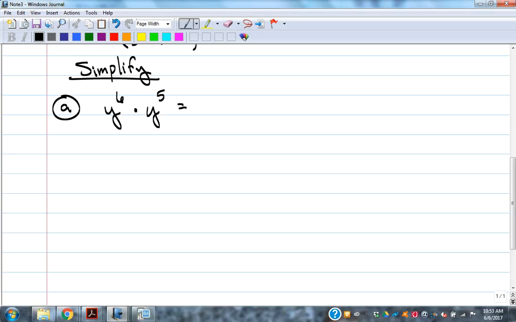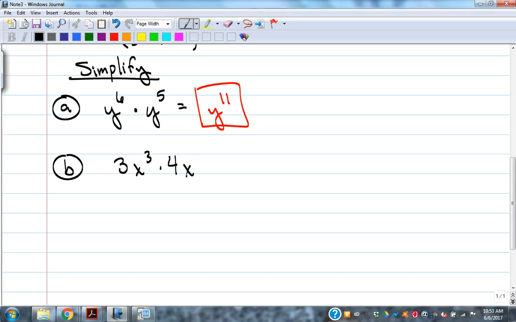Add them up. So it'll be y to the 11. Very, very simple idea. If you have numbers that work their way into it, maybe you had 3x to the third times 4x to the fifth. What do you do with those numbers that are in front?